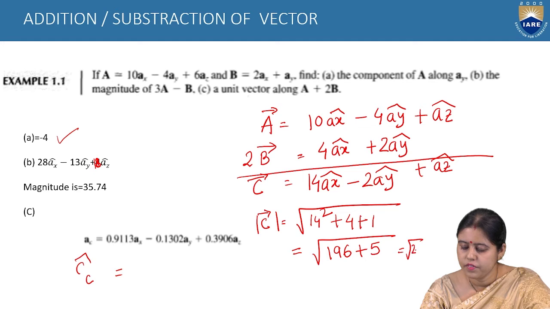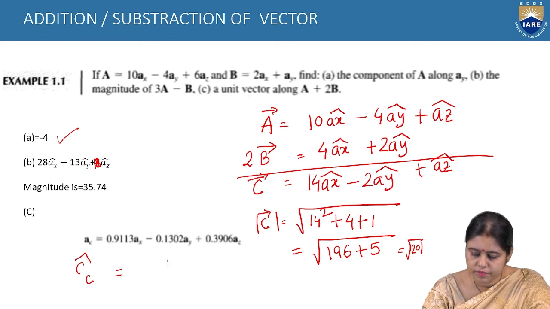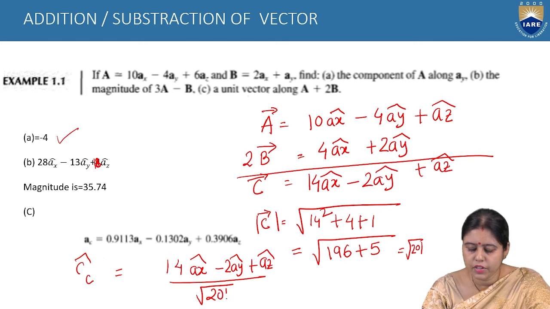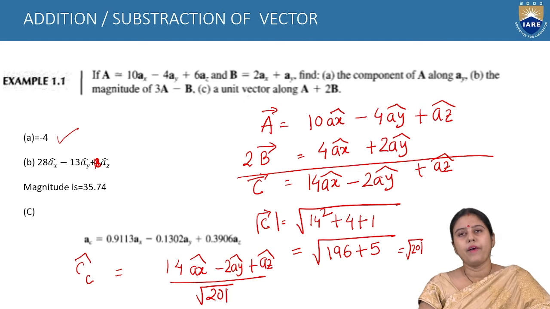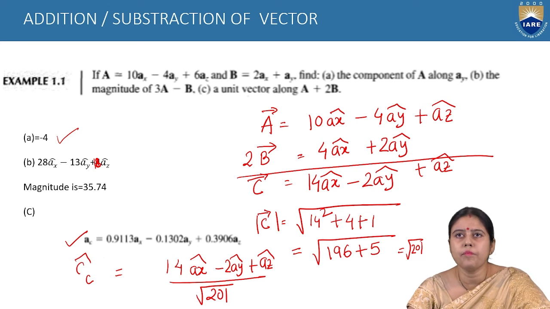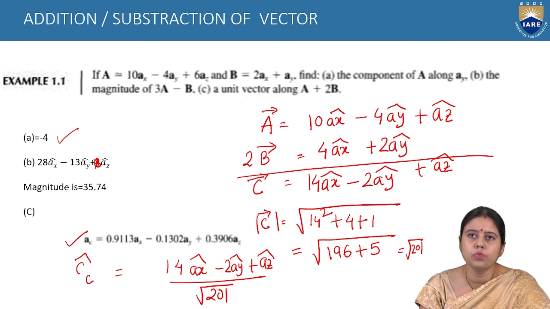And what will be the unit vector AC? What is the unit vector? Total vector divided by its magnitude, and we will get the value of this. So what are the steps? First we will write the A vector. Then we will write the 2b.